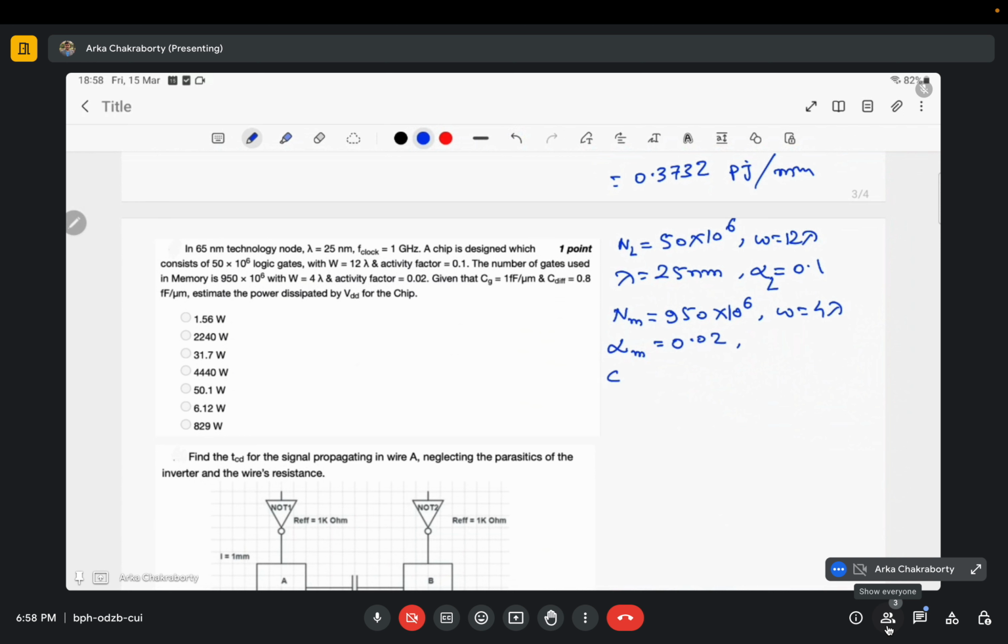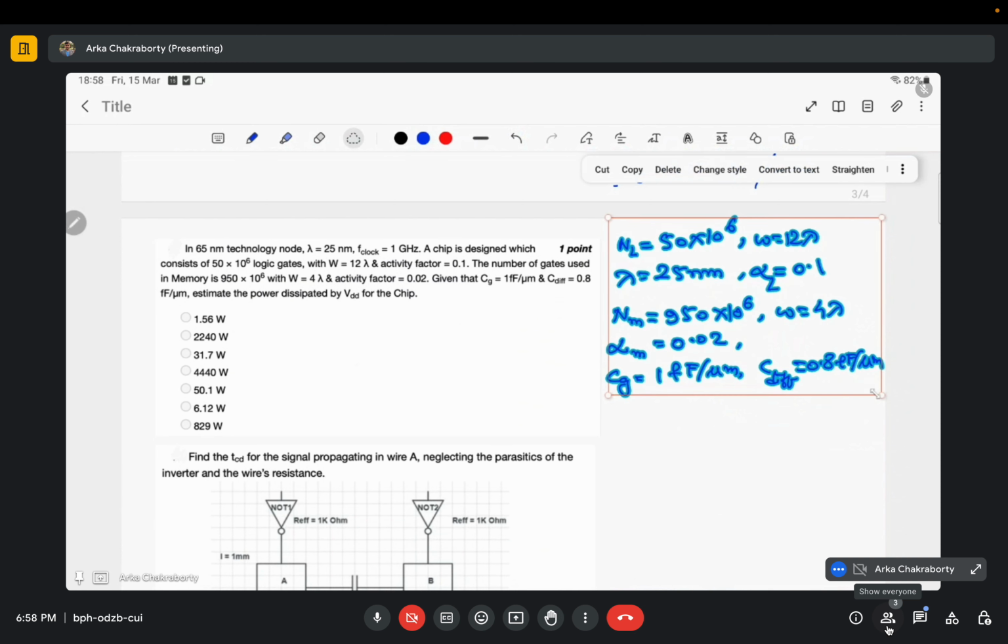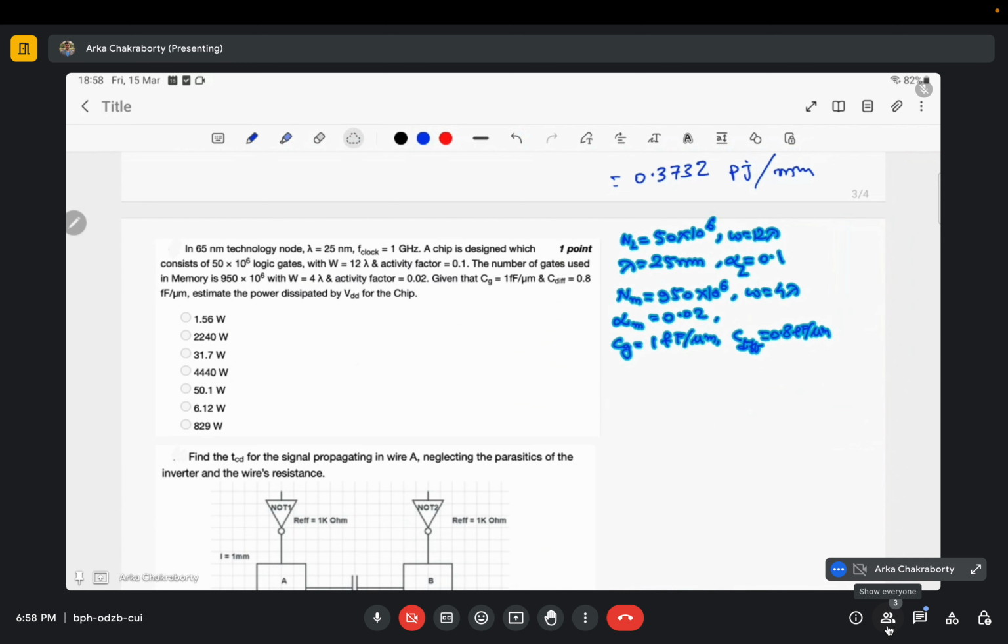And Cg is given as 1 femtofarad per micrometer, and C diffusion is given as 0.8 femtofarad per micrometer. Clear?